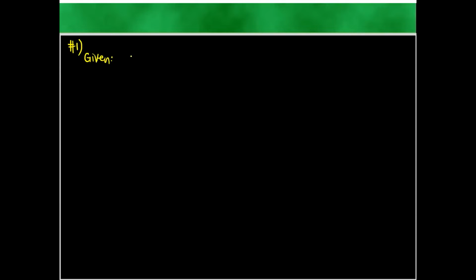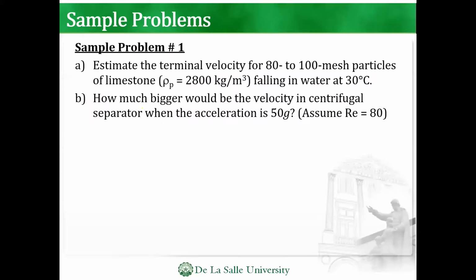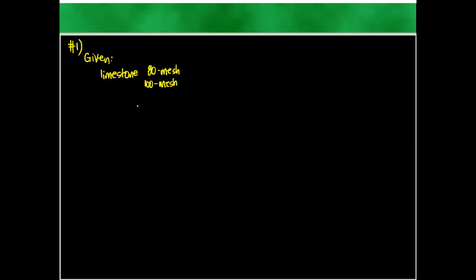So what are the given values? You have limestone that has 80 mesh and 100 mesh. And then what else is given? The density of the particle is 2,800 kilogram per cubic meter, and you're given 30 degrees water.